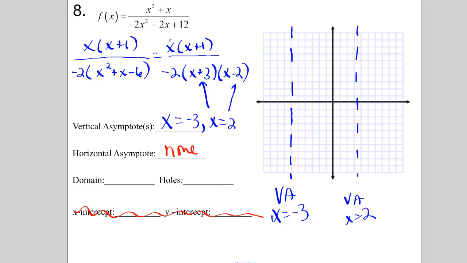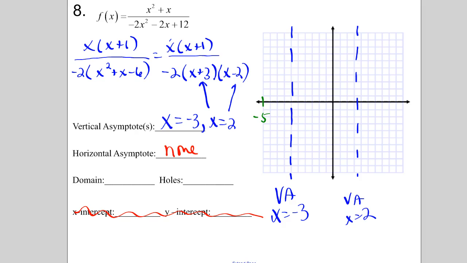All right, so we're going to have a couple things going on. We are either going to be like that or like that. So let's go figure out what happens with that. So I'm going to look at this function, and if this is -3, I'm going to go out here to -5 and see what happens.